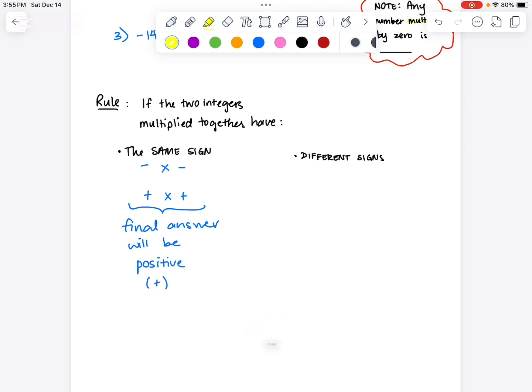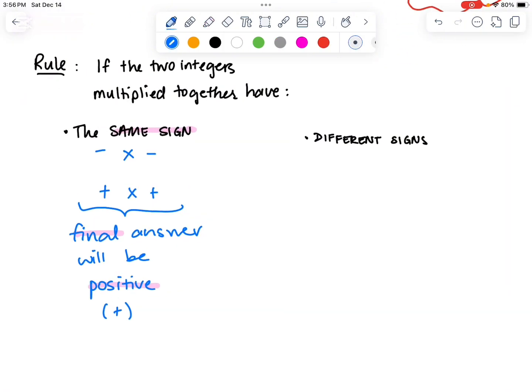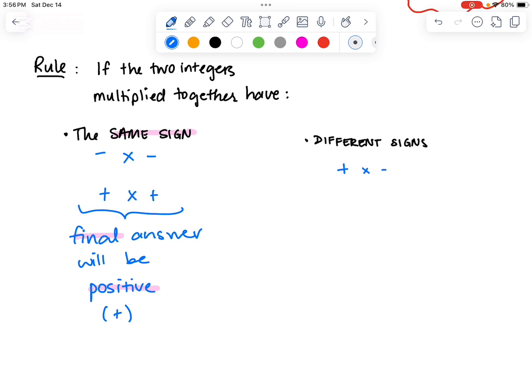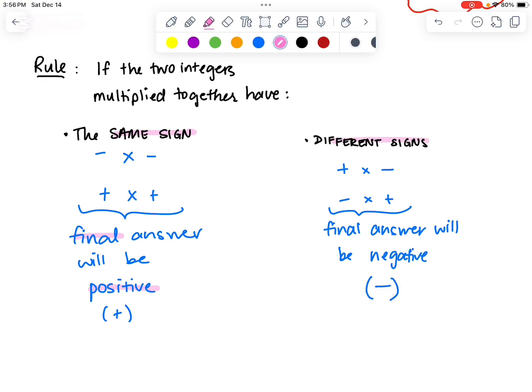Okay, so if it's the same signs, final answer is positive. If the signs are different signs, so for example, one's a plus, one's a minus, or one's a minus, one's a plus, then what we end up there with is our final answer will be negative. Okay, so if they're different signs, our final answer is going to be negative.